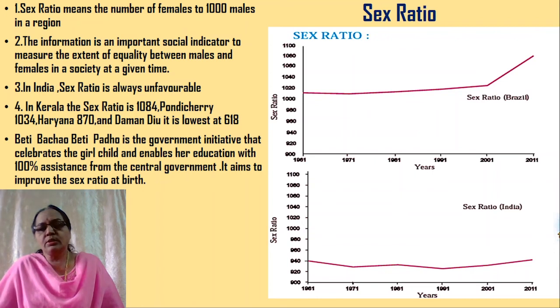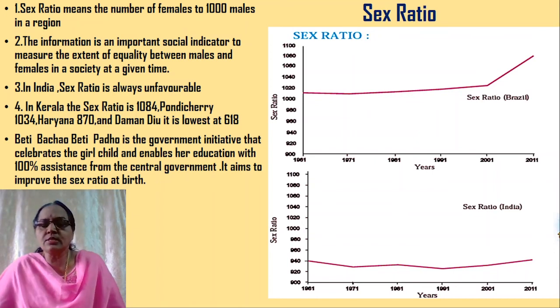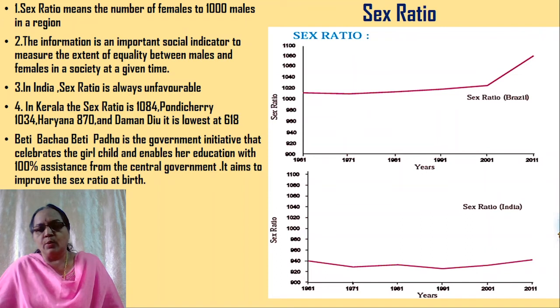Just look at the graph given here. This is a line graph which shows the sex ratio of Brazil and India. Now, if you look at this graph, we find the sex ratio in Brazil has more or less been very, very favorable.